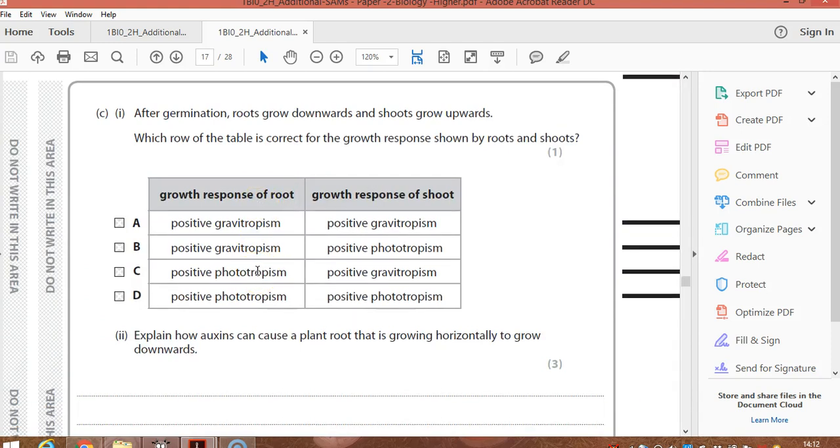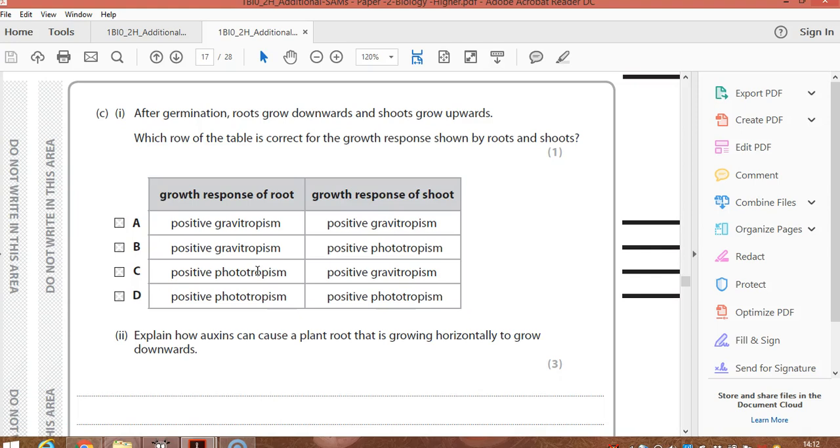After germination, roots grow downwards and shoots grow upwards. Which row of the table is correct for the growth response shown by roots and shoots? So is it A, the root has positive gravitropism and the shoot has positive gravitropism? Is it B, the root has positive gravitropism and the shoot has positive phototropism?